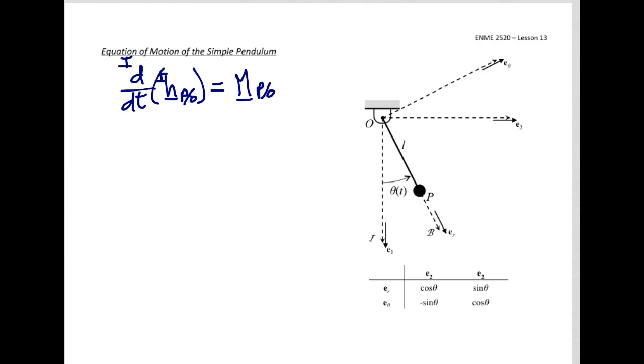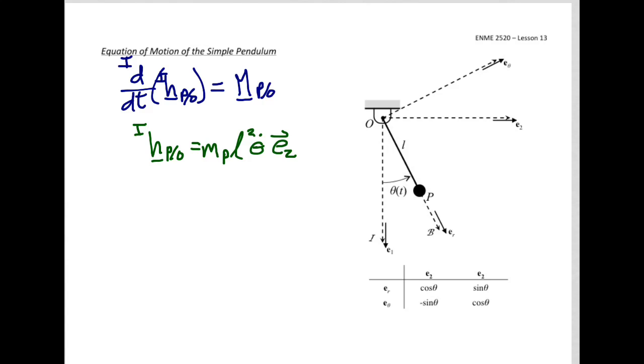This is the same setup that we had for the earlier example, so we already know that the angular momentum of point P relative to point O as observed in the inertial reference frame is equal to the mass of point P times L squared theta dot, in the EZ direction.